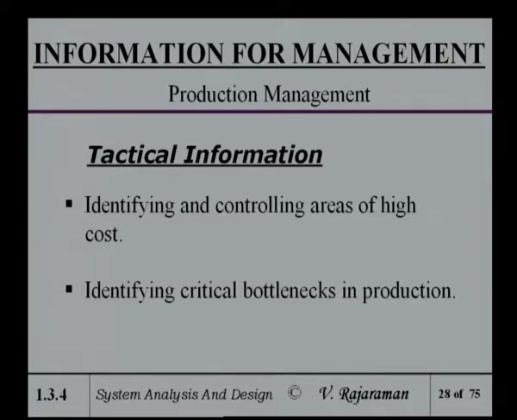He also has to produce it at the minimal possible cost. So his tactical decision is to see where to get the supplies and how to reduce the cost so that the ultimate cost of producing a car is minimized.